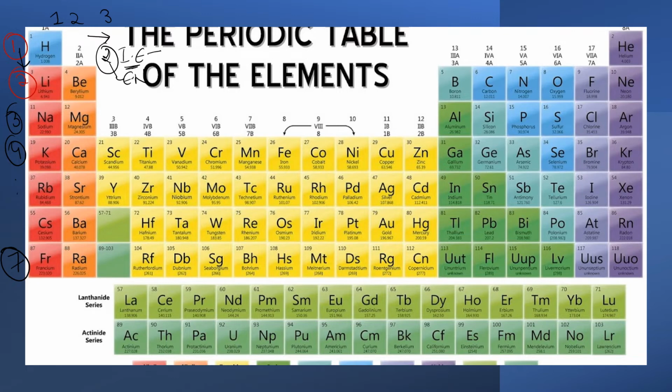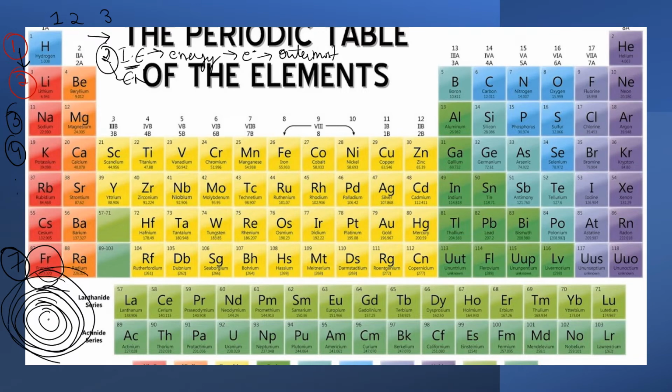So ionization enthalpy is the energy which is required to remove an electron from the outermost orbital. So if you look at francium, francium is having 7 orbitals. If this is the nucleus, and it is having 7 orbitals, 1, 2, 3, 4, 5, 6, and 7.